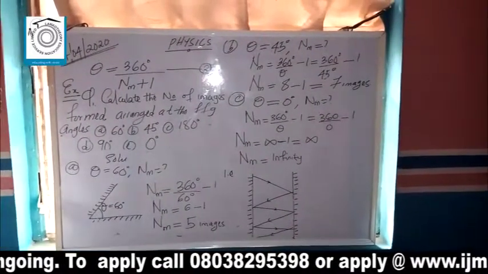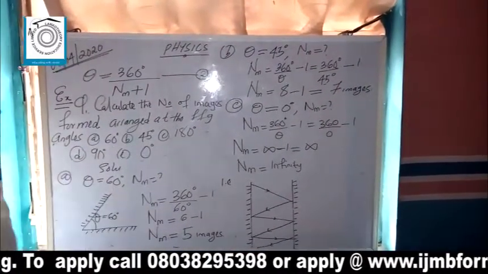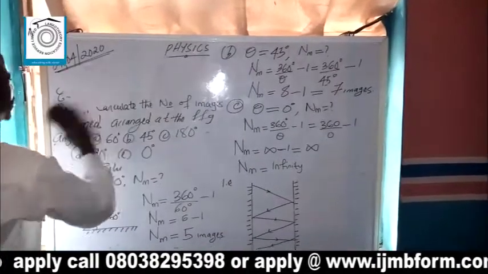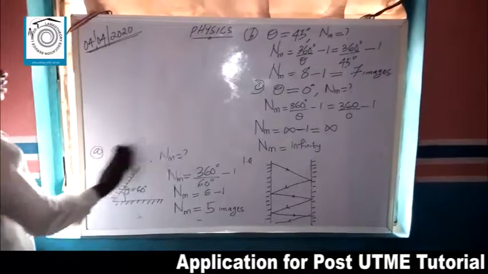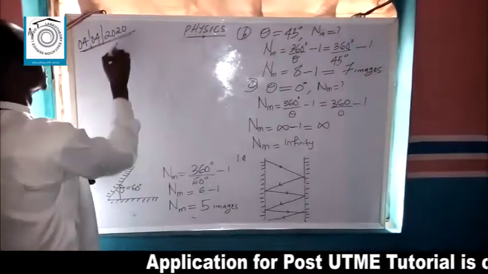What do they call a kaleidoscope? A kaleidoscope is a particular instrument. But before that, let me put them on top of the board for you for easy understanding. We have applications of reflection, as earlier mentioned.